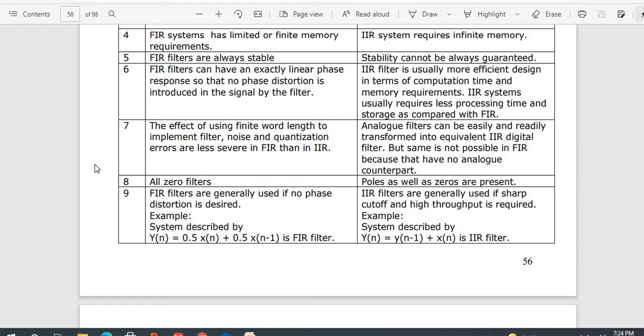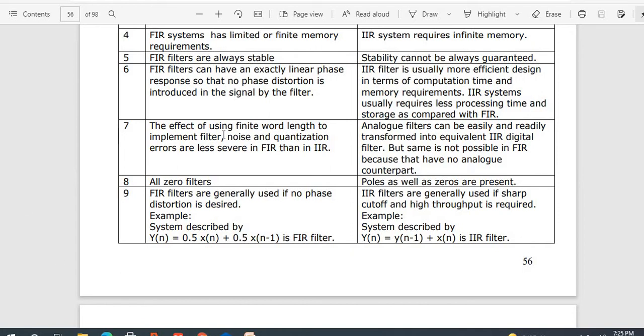Whereas analog filters can be easily and readily transformed into equivalent IIR digital filters, that is not possible in FIR because it has no analog counterparts, because we are not using the past inputs and past outputs. Because of that, it does not easily produce that much sampling rate. So we can say that FIR filtration is not that efficient when compared to the IIR filtration process. Clear?